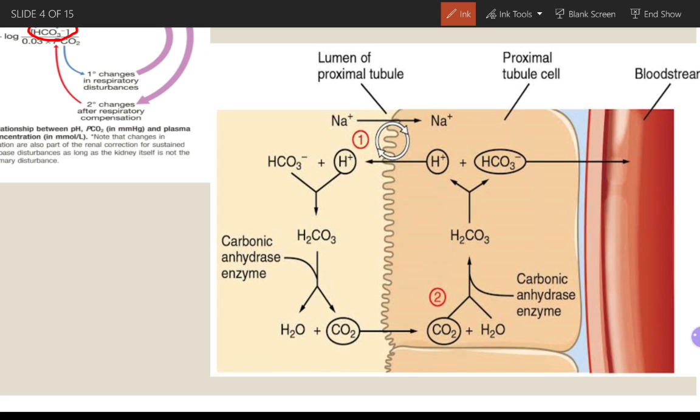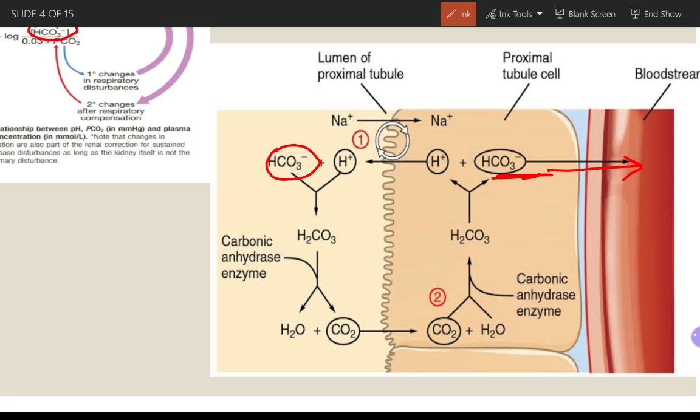One is at the proximal convoluted tubule, and the other is at the distal convoluted tubule, or the initial part of the collecting ducts. First, coming to the proximal convoluted tubule, the filtered bicarbonate, the bicarbonate that is filtered through the glomerulus here, is ultimately reabsorbed into the bloodstream.